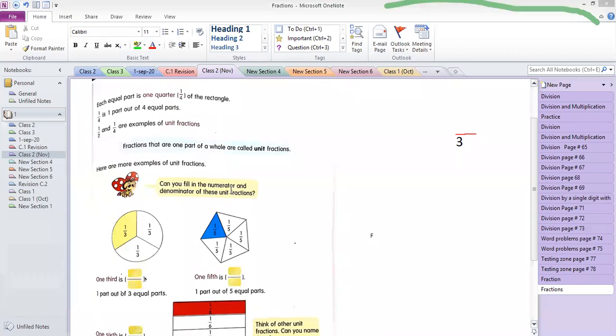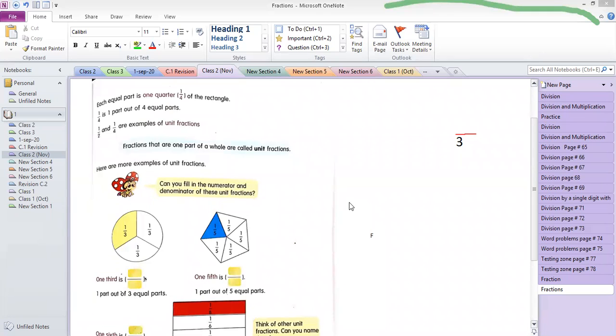Now, in order to write the numerator, what you should write here up, check how many parts are shaded, how many parts are colored. Yes, can you tell me how many parts are shaded?